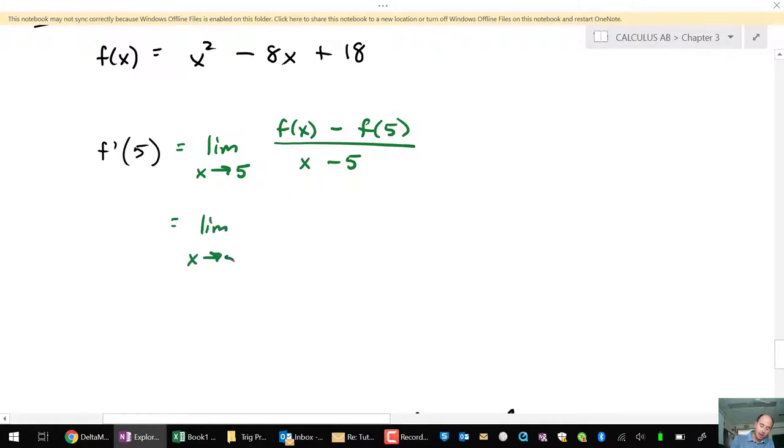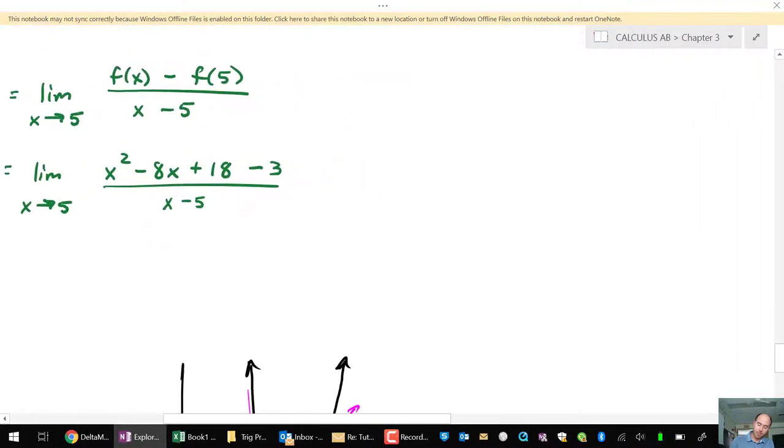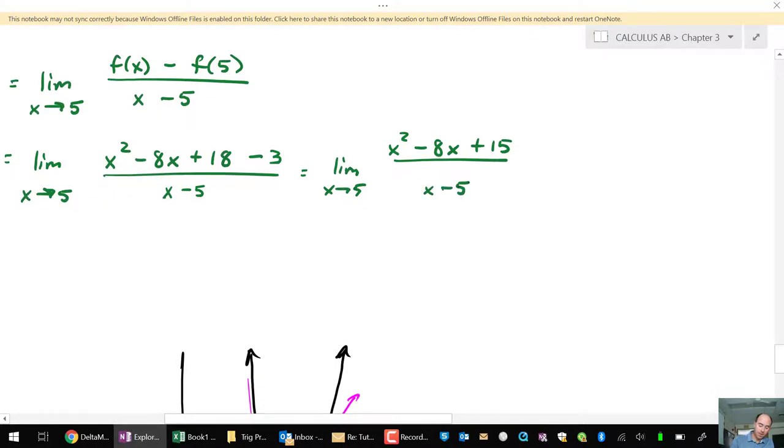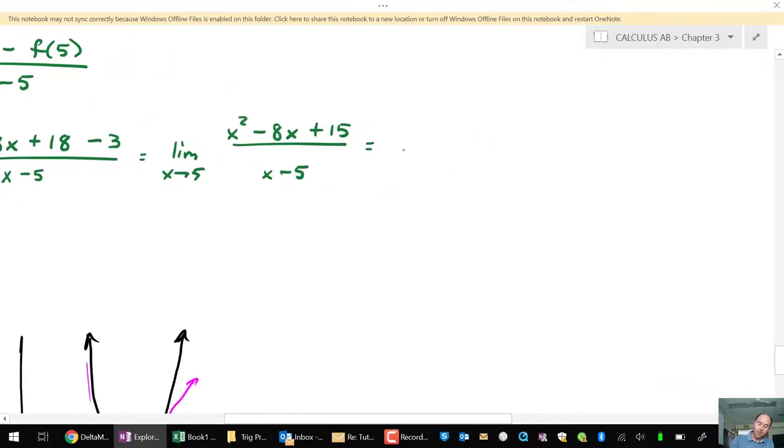So as x approaches 5 of f of x, x squared minus 8x plus 18, and then minus f of 5, which is equal to 3. The limit as x approaches 5 of x squared minus 8x plus 15 over x minus 5 is the same thing as the limit.